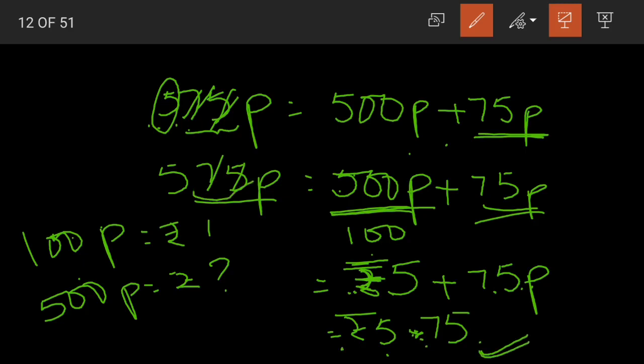Is this clear children? The last two digits, that is the digit in ones and tens place, are separated and written as paise, and the digits before those are written as our rupees. In simple words, if you have 575 paise, just erase this paise, put rupees in front, and count two digits from the right side, and after that place a point.